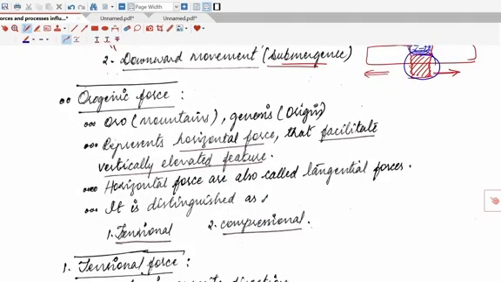Now we'll see what the orogenic force is. We'll quickly finish because it's getting very late. Orogenic force. Oro means mountains and genesis means origin. It represents horizontal force and facilitates vertical elevated features. It is a horizontal force.